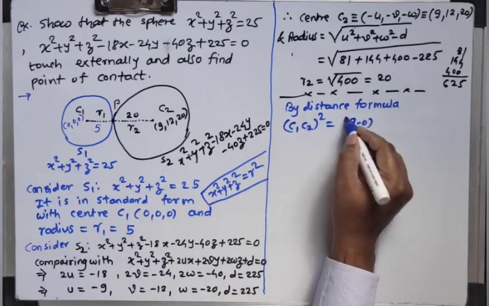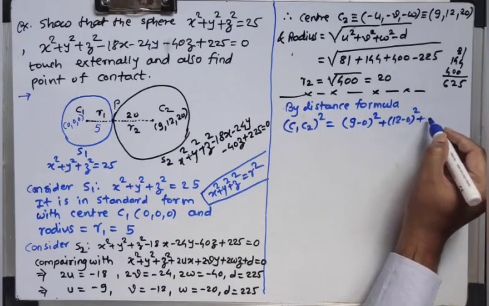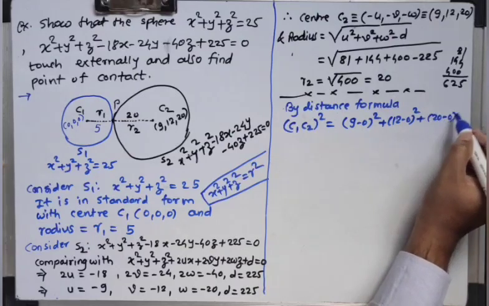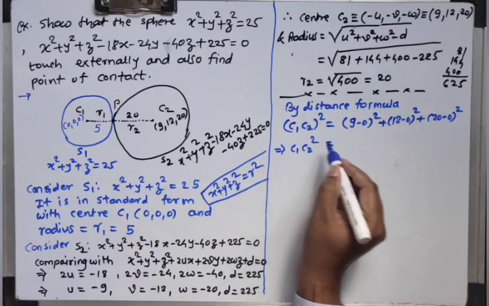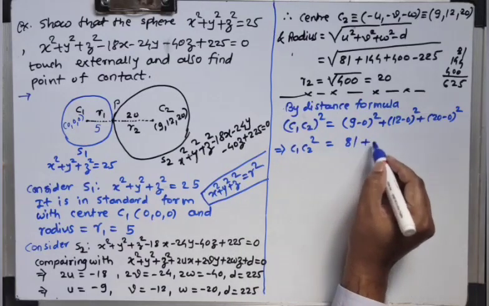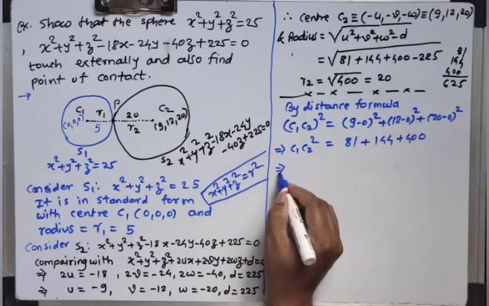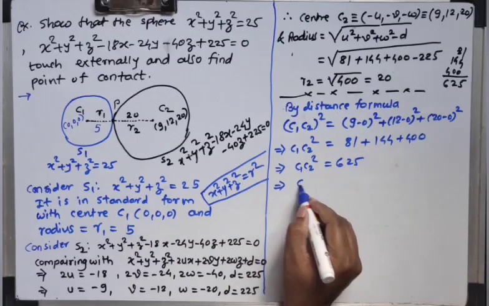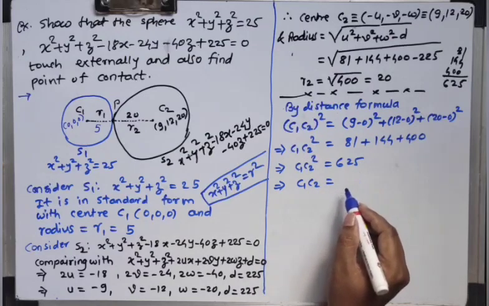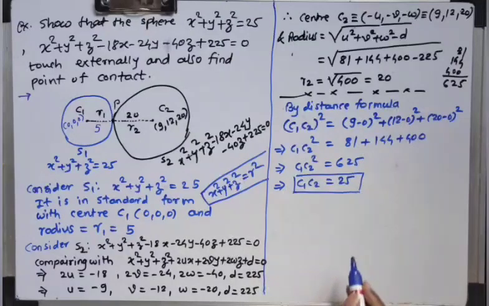It is 9 minus 0 bracket square plus 12 minus 0 bracket square plus 20 minus 0 bracket square, that is C1 C2 square is equal to 9 square is 81 plus 12 square 144 plus 20 square is 400. So that implies C1 C2 square is equal to 625. So C1 C2 by taking root of 625 is 25. Therefore, the distance between the two centers is 25.